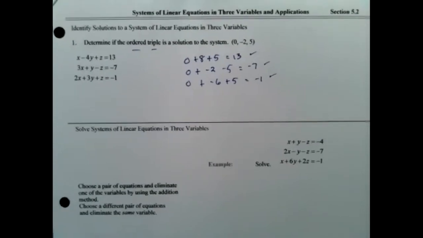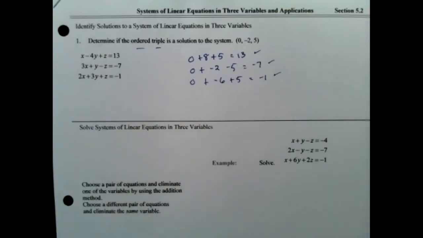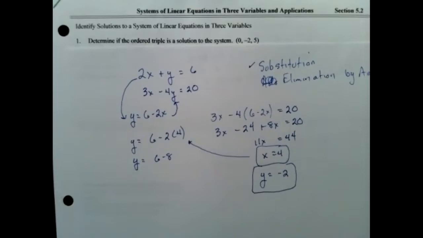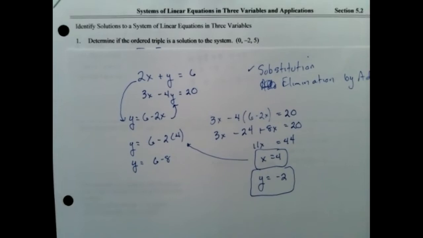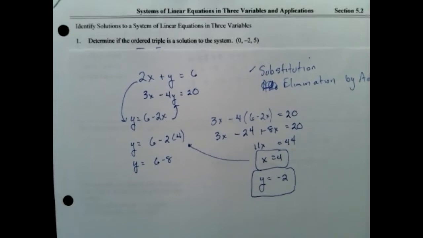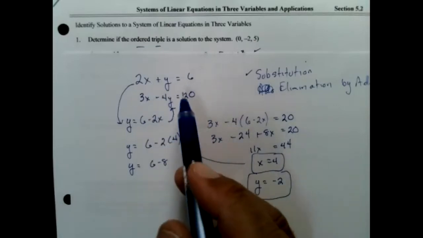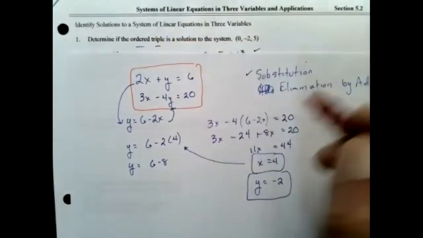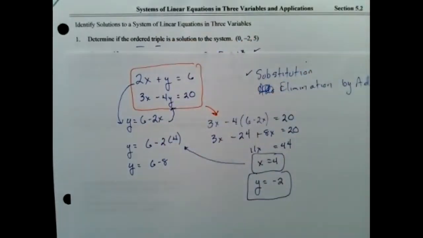Okay, so how do I do this? How do I solve a 3 by 3? Well, if it was a 2 by 2, that would be great. If I could get it down to 2 equations, 2 unknowns, like we did for our warm-up problem, I can solve those. Because when I had 2 equations, my goal was to somehow combine the 2 to get 1 equation with 1 unknown.